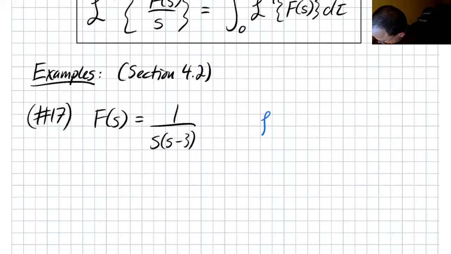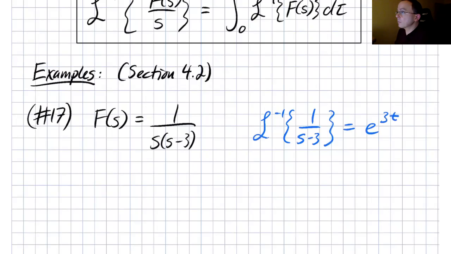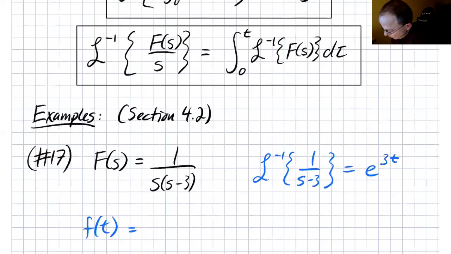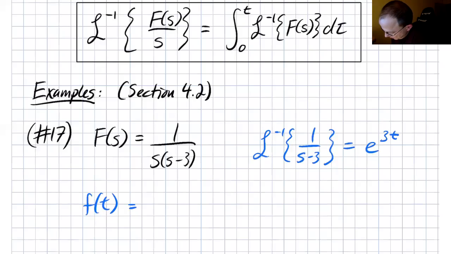So what is the inverse Laplace transform of 1 over s minus 3? This is e to the 3t. So what does that tell us here? Based on that rule up there, if we want to do the inverse Laplace transform of this, we would integrate from 0 to t, and then we just integrate this guy here. Oh, tau.